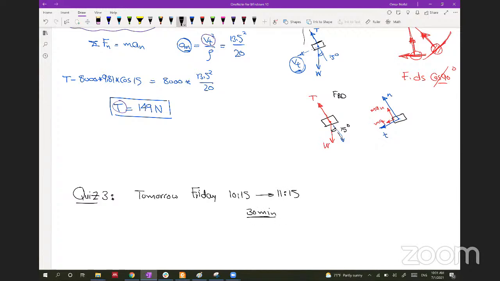You can do it in any 30 minutes between this time interval, and you will be tested on chapter 12.10, which is related to relative motion, and also chapter 13, which is related to force and acceleration.